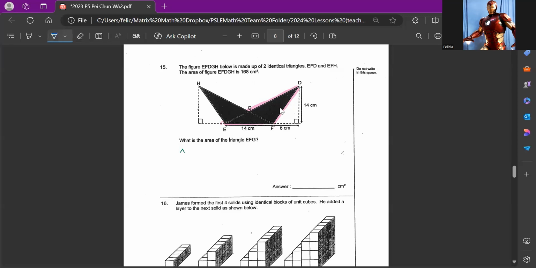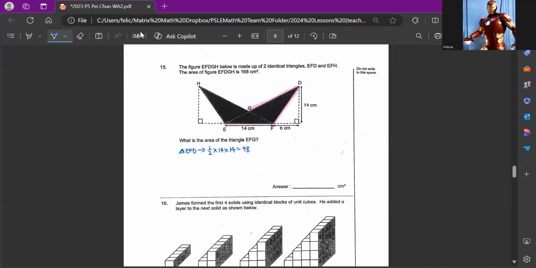Okay, so triangle EFD. Let's do that. So EFD, we have the base and height, right? Base will be 14. Height will be 14 also. So half times 14 times 14. So this will be 98.